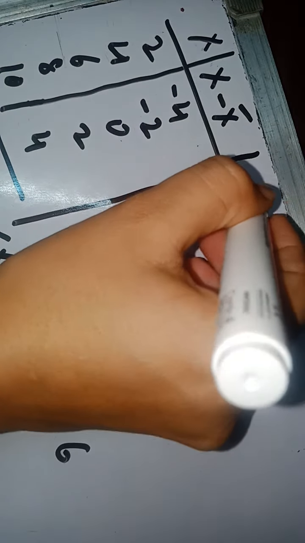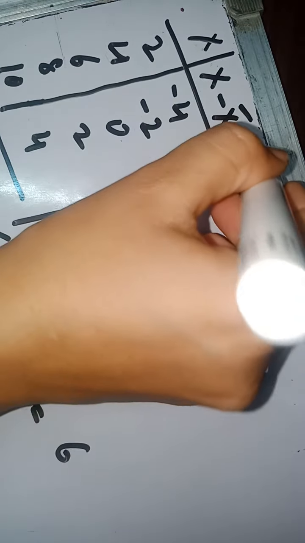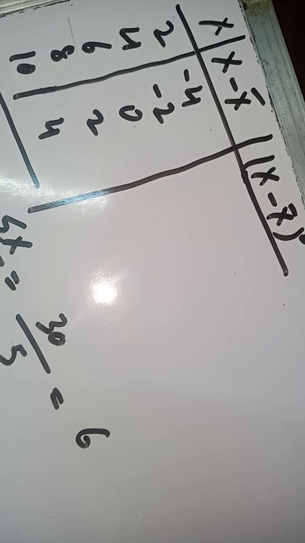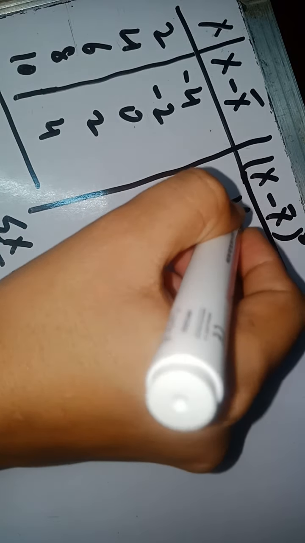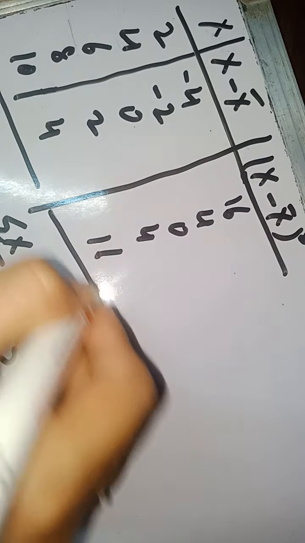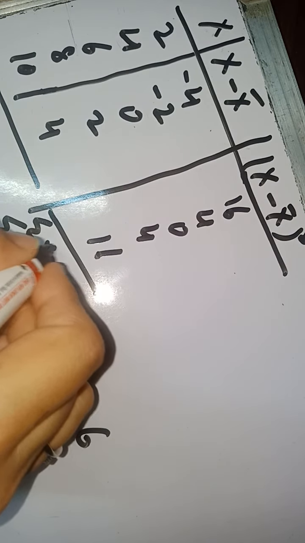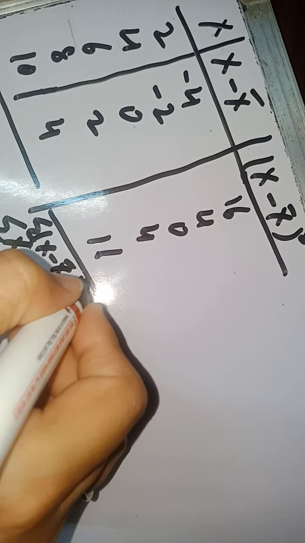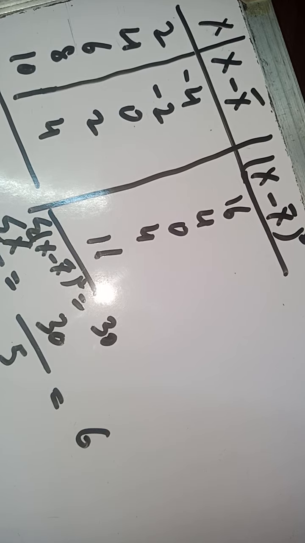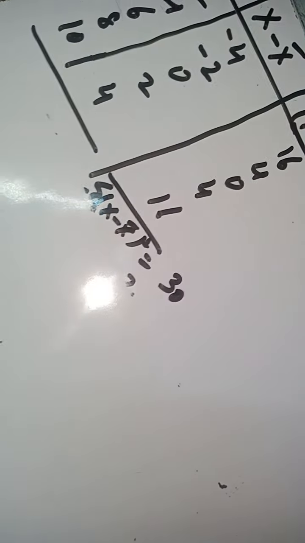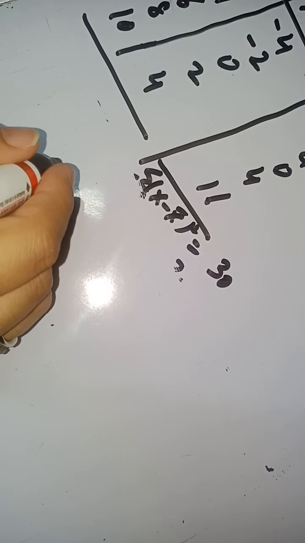Next we find (x minus x mean) square. Squaring minus 4 we get 16, then 4, 0, 4, 16. So summation (x minus x bar) square equals 40. Now we apply the formula to find the standard deviation.